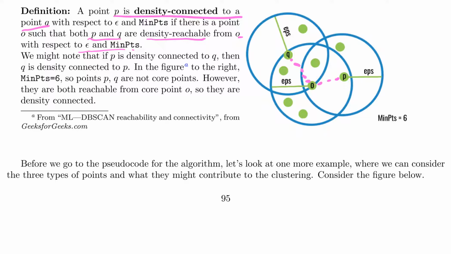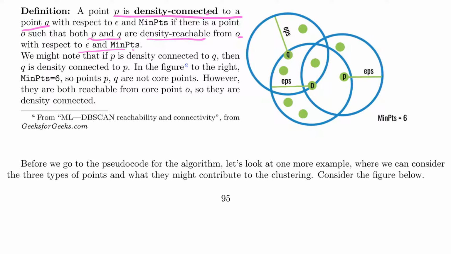What's nice about this is that if P and Q are density connected, then Q and P are density connected as well. So there's a symmetry here, and that's why this is a nice idea.